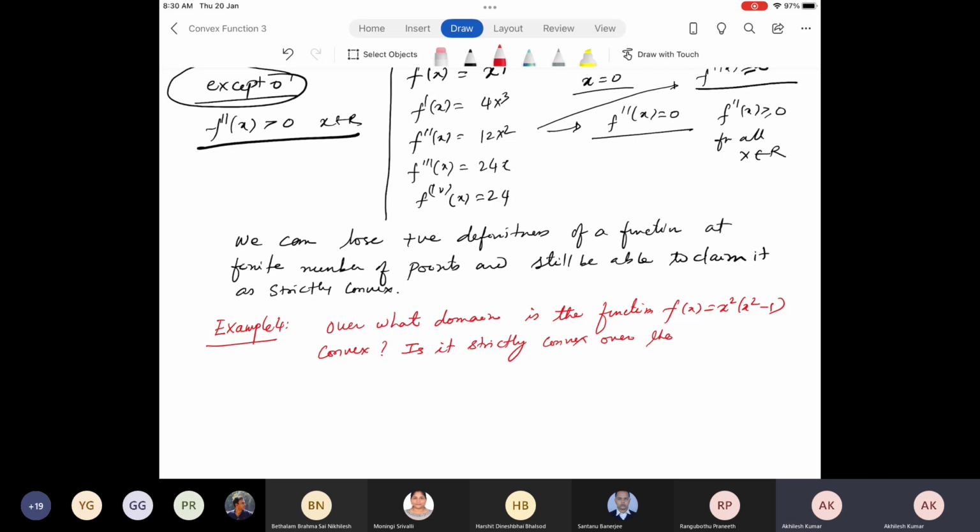Over the region specified? Or concave? So look at this function. Tell me where it is convex, or is it strictly convex, or what it is.